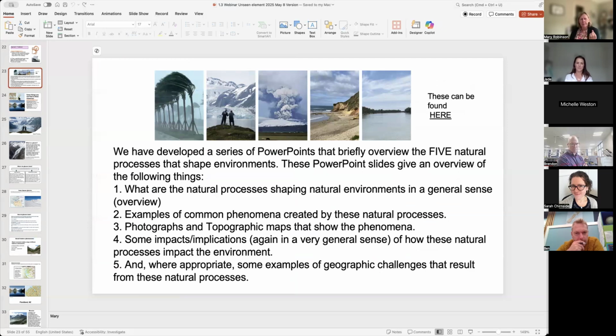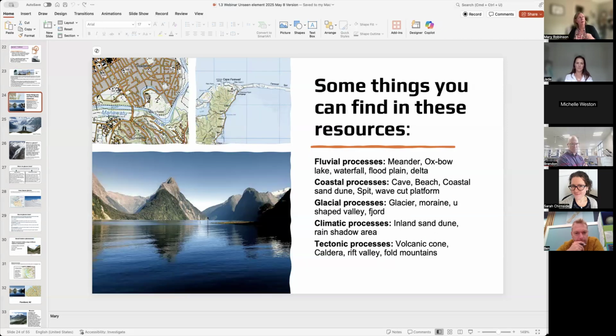The resources have been developed as, here's what we think would be the right kind of thing. They're not really PowerPoints to show your students particularly. They're presented in PowerPoint format, but they are for you to use with your students in some way, with maybe some other activities within them.